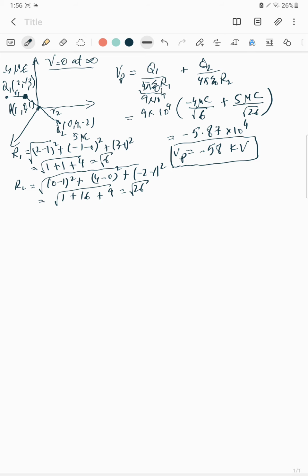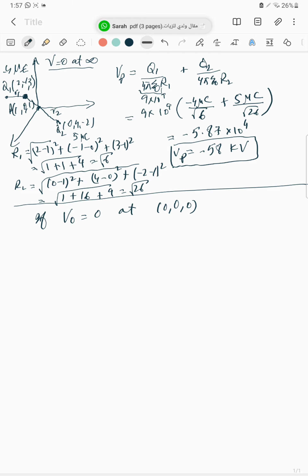Now this is assuming V equals 0 at infinity. Now we have another problem, just for the sake of understanding: if the voltage at infinity is not equal to 0, but the condition is that the voltage equals 0 at (0, 0, 0), this becomes another problem in which we have to use the constant.